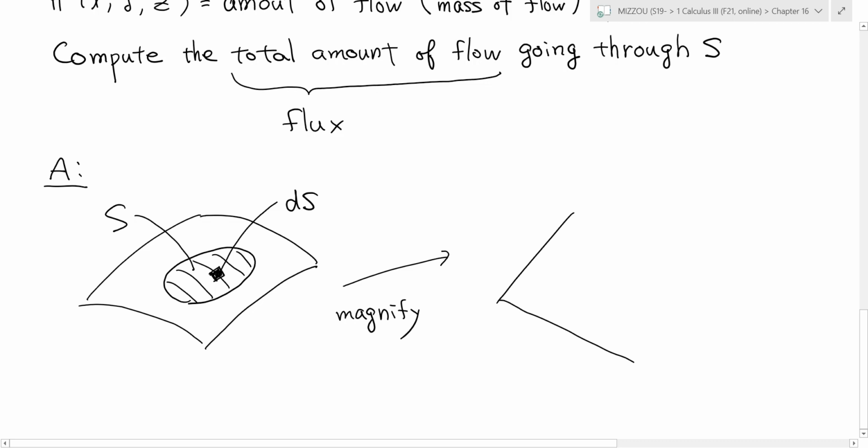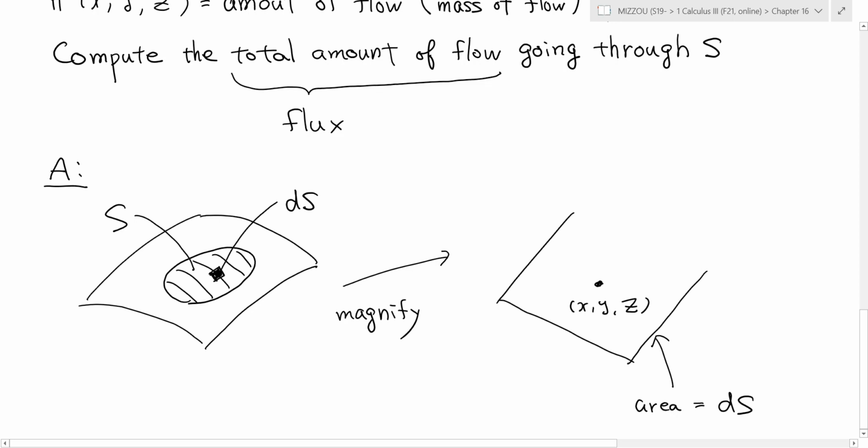And so this is the area of this patch. The area of this patch is equal to dS. And now, let's look at a point in the patch, xyz, the middle point of the patch.